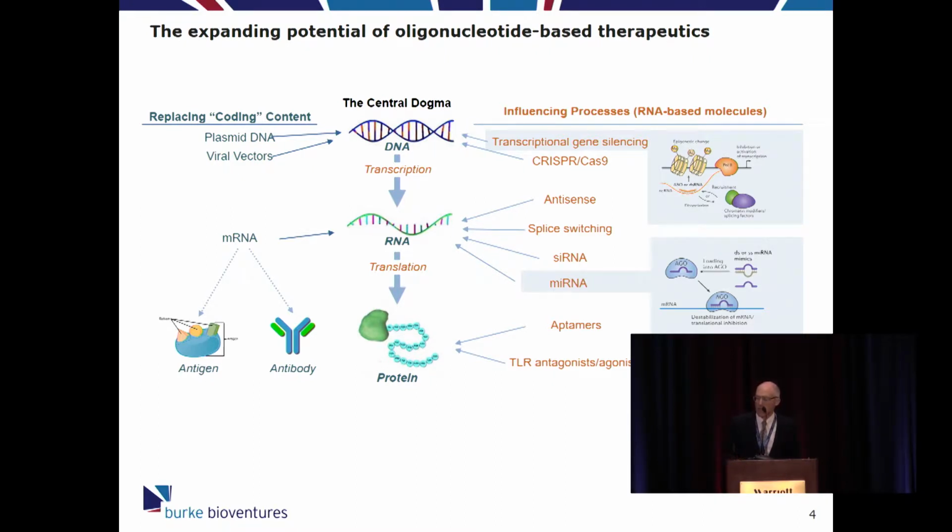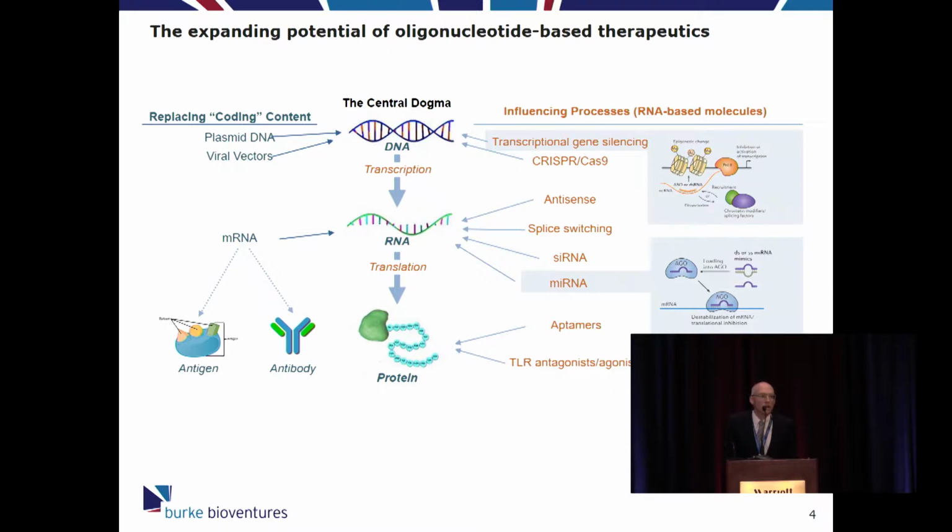In this depiction, you can see, starting with some of the early work focused on replacing coding content with gene therapy approaches, viral vectors, plasmid DNA, and so forth. On the right side, what I've termed here influencing processes, this covers the vast array of topics. You'll see probably all of these covered in the conference in some form or fashion.